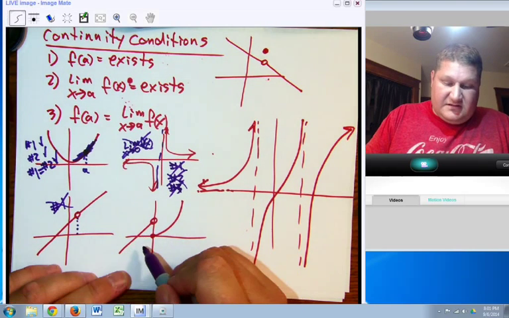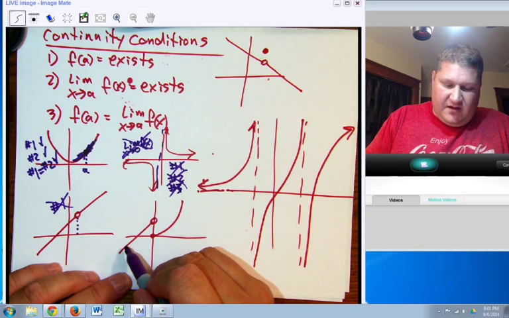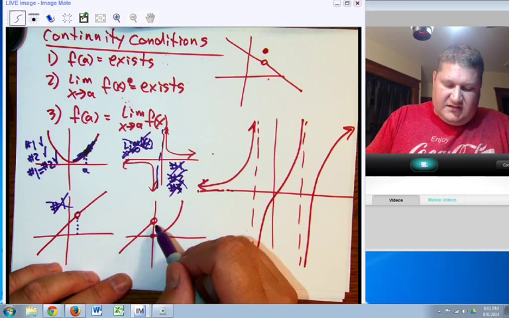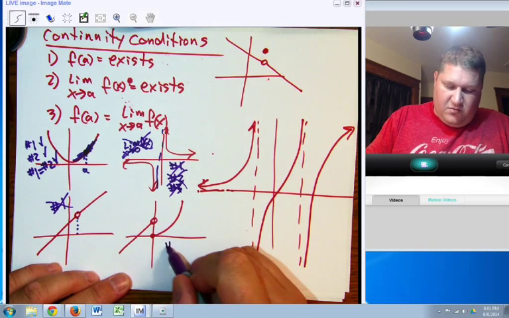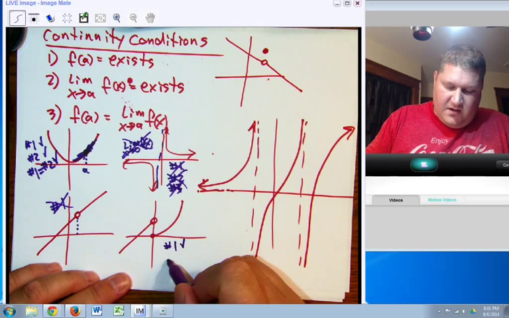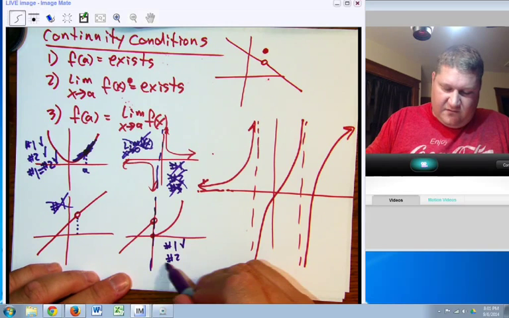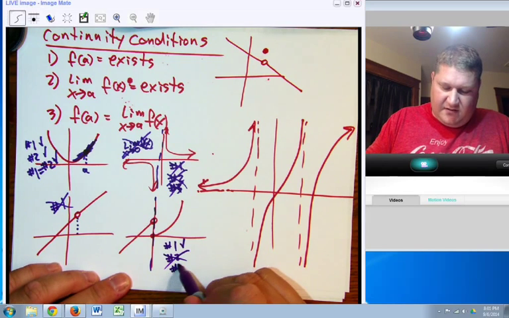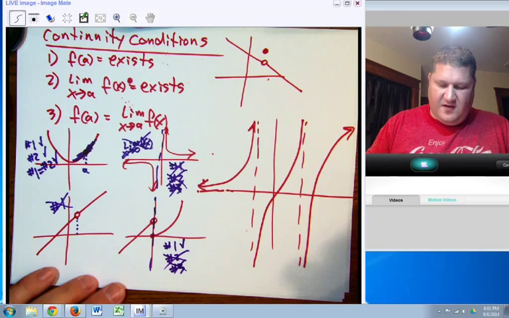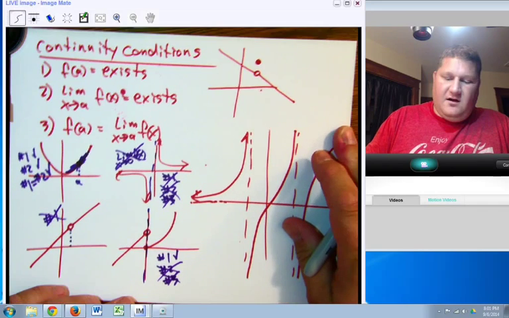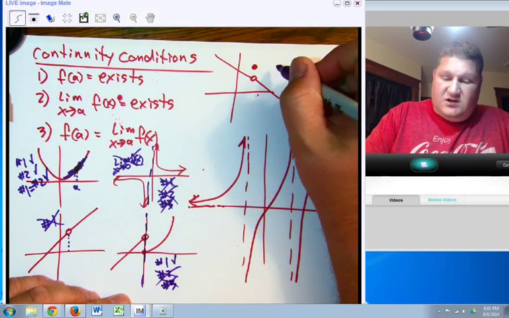And so therefore automatically it fails condition 3. Now, down here at the bottom we have the limit of f of a. Does it exist? So number 1, we're good. Number 2, at 0 it fails. So we're done, and automatically, since 2 fails, 3 fails. Up here we have condition number 1.